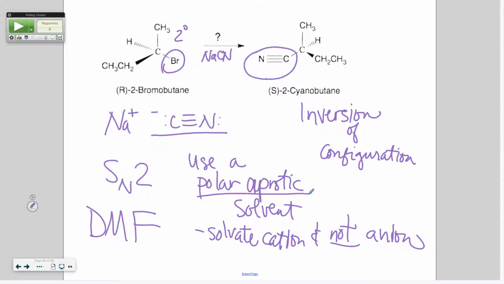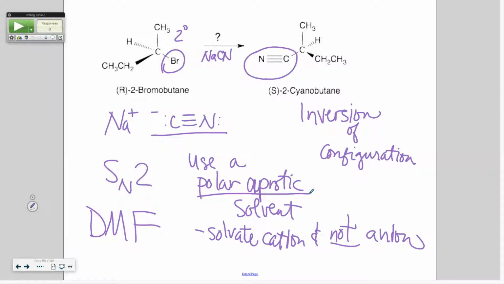Okay, if you just used NaCN in ethanol, for example, you'd probably start getting more of the R form because you would start getting inversion and retention because you get the carbocation mechanism. When you get the carbocation mechanism, you get both. Okay, there is no way to do the reaction this way and end up with an R at the end.